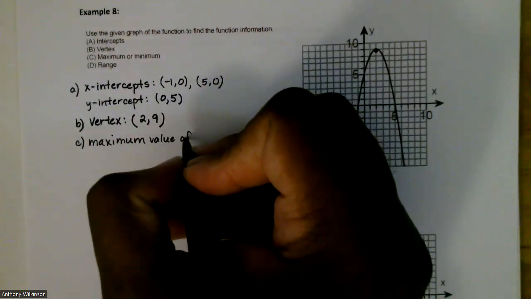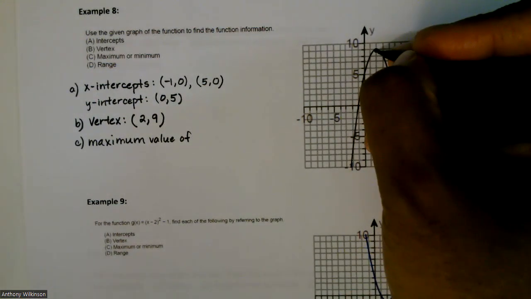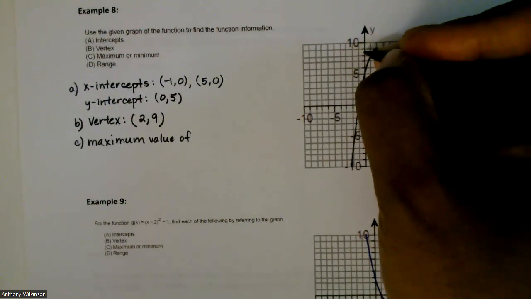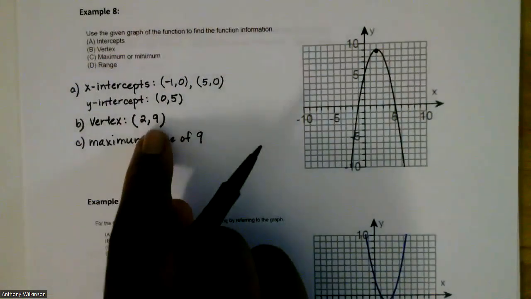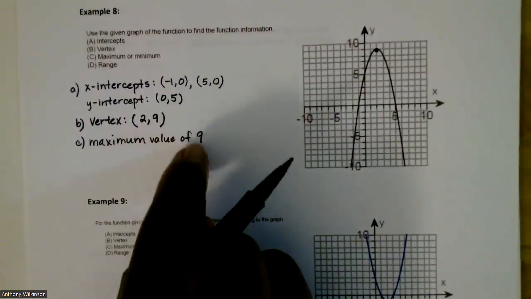It's the maximum value of what point or what value. In this case, when we're dealing with the maximum value, we'll have the highest y value of, in this case, 9. And you can also get that from the vertex here. The highest y value there is 9. So that maximum is going to be 9.